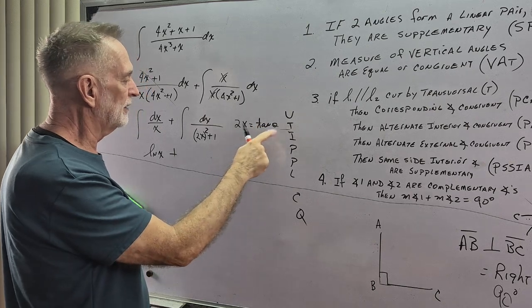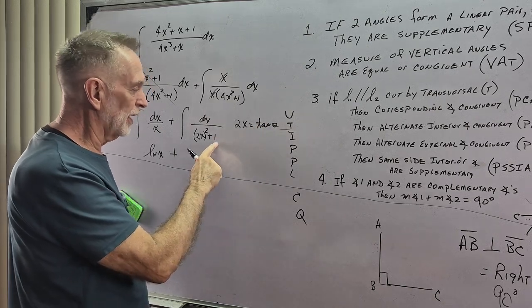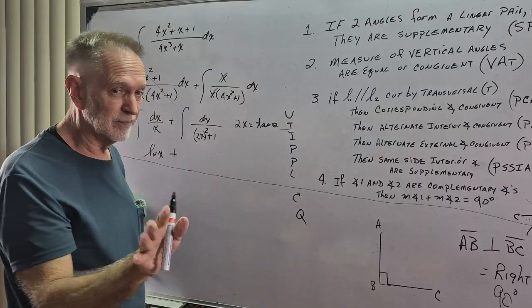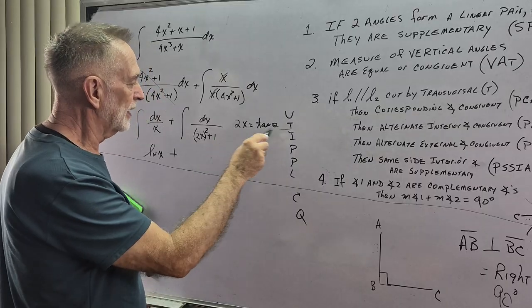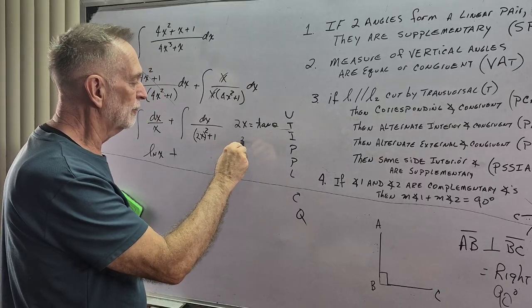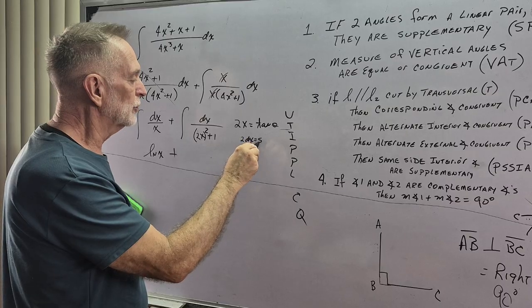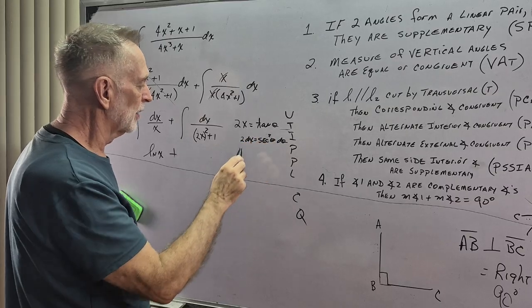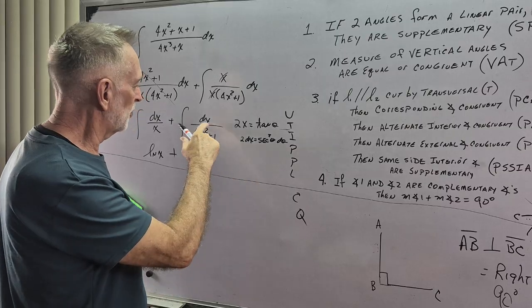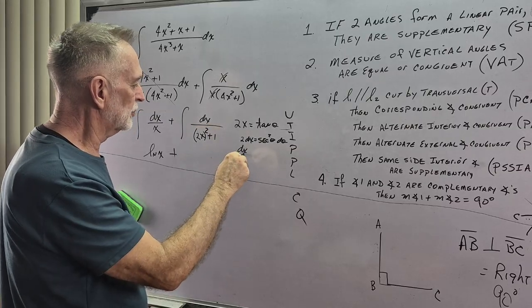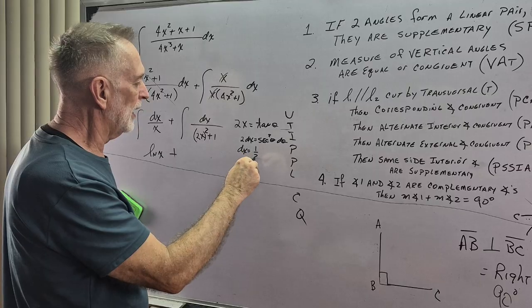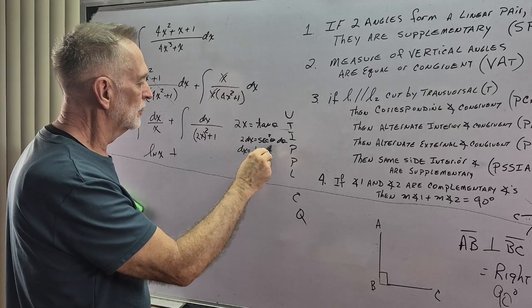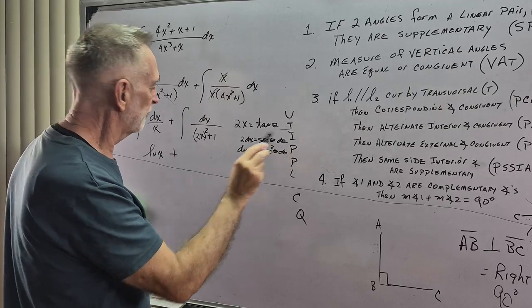Now it would be a tangent theta if this number were any other number than 1. Okay, so if I take the derivative of both sides, I have 2 dx equals secant squared theta d theta. So I need to replace the dx, so dx equals 1/2 secant squared theta d theta.